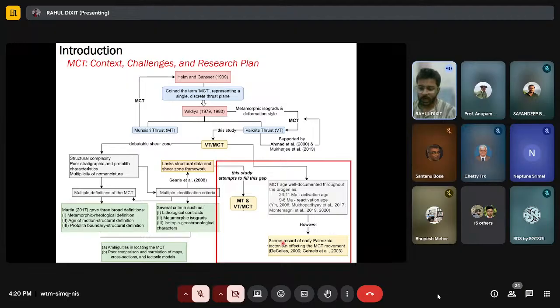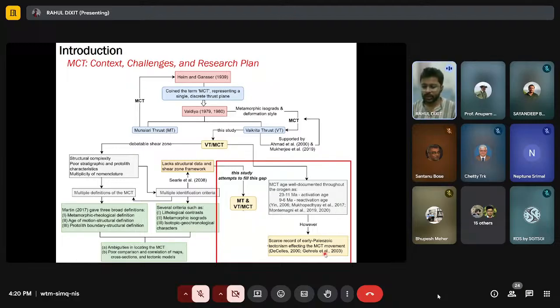However, there are very few, scarce records of early Paleozoic tectonism affecting the main central thrust movement. Like Le Fort and Garrels, they have reported some effect of early Paleozoic tectonism that possibly affected the movement along the main central thrust.